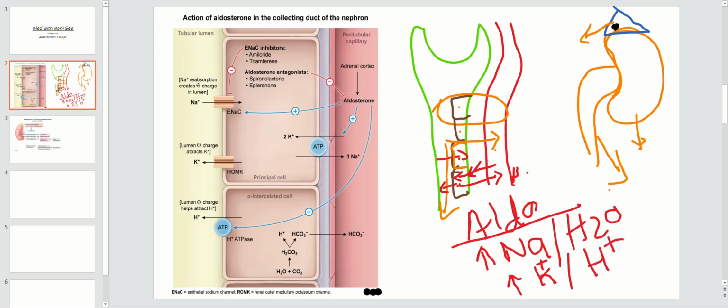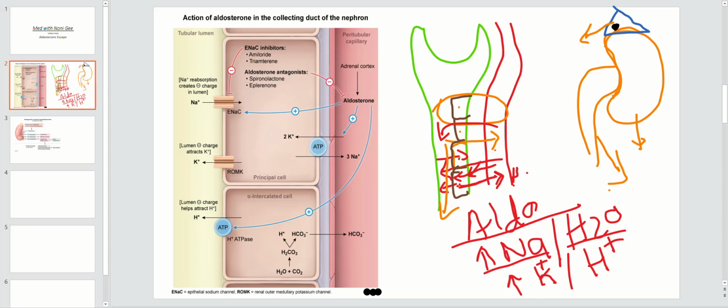So it reabsorbs sodium into the blood along with water, and it excretes hydrogen and potassium from the blood into the tubular lumen, right? So what will be the net action? Sodium is reabsorbed along with the water. That will lead to what? That will maintain your blood pressure, right? So this is the normal case.